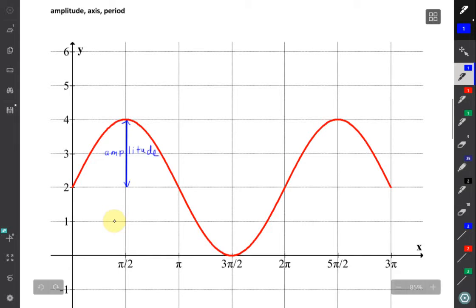The axis is, as I mentioned earlier, where this y equals 2 is. Halfway between the peak or the maximum and the minimum. That's the axis.